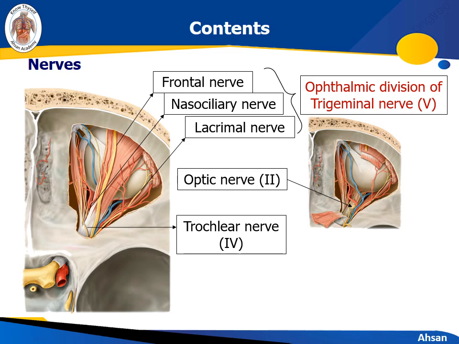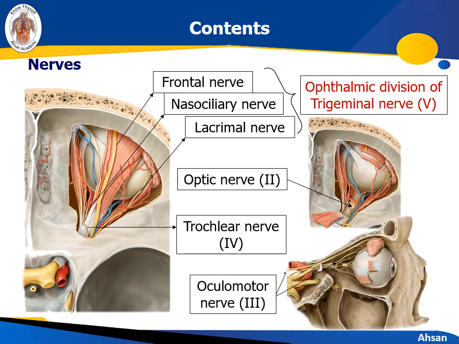You see the tendon is reflected from the superior part, and you can see the optic nerve present in the orbit. Another photograph is showing the oculomotor nerve entering into the orbit, and you have seen the course of the nerve inside the orbit.